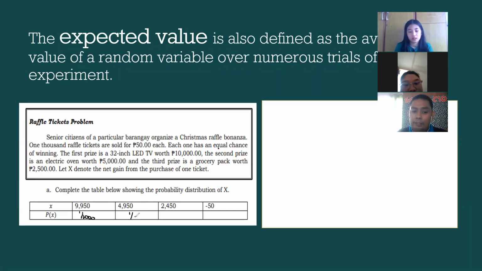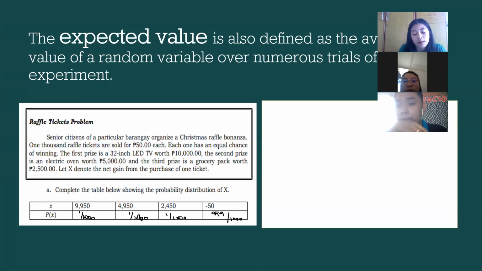Pwede ka namang manalo din dito eh. At ang probability na manalo ka ng third prize is also 1 over 1,000. The question, ano ang probability na matalo ka? It's 999 over 1,000. Okay?